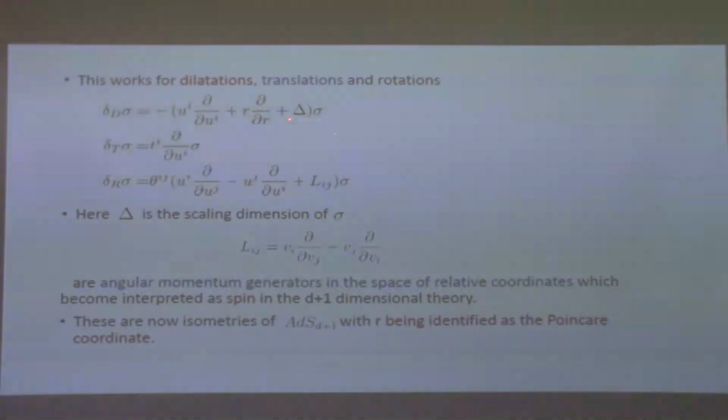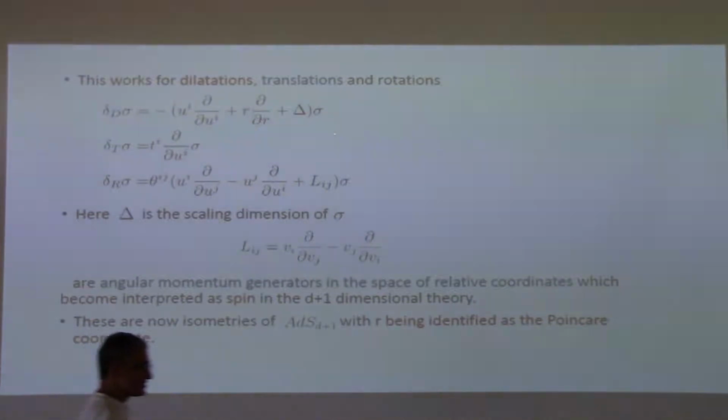Delta is the conformal dimension of this, and they all act the way the corresponding isometries of AdS would act on fields of the corresponding conformal dimension. In fact, if you look at the rotation generators, you identify a piece of it, which is the rotation in the relative coordinates, and that gets identified with the spin of the field in AdS_{d+1}.